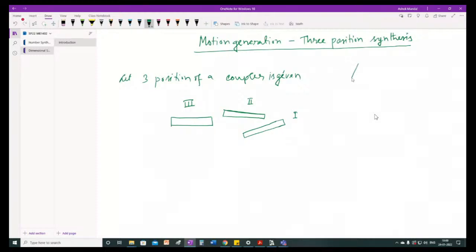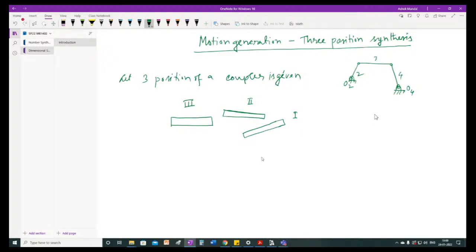Generally in the notation we use, this is O2, the hinge point here, link 2, this is the coupler, and the fourth link is the follower, and this is O4. So we need to find where O2 and O4 are with respect to the coupler, so that we can find link length 2 and link length 4. Okay, so there is a problem in this problem.